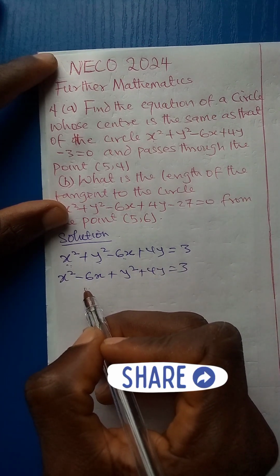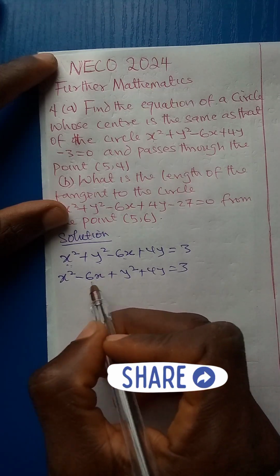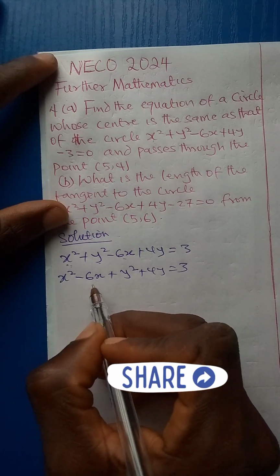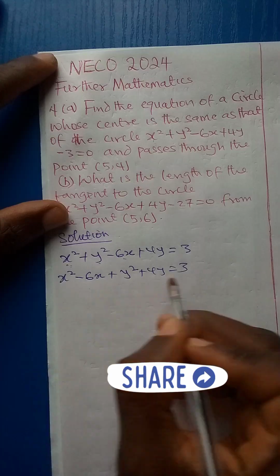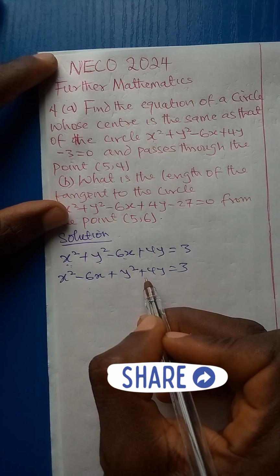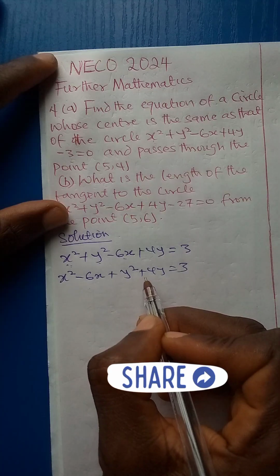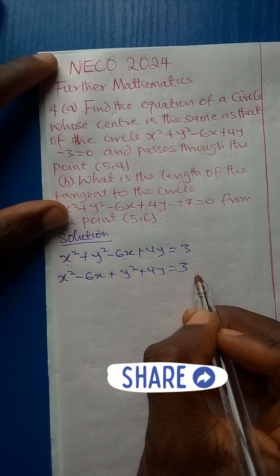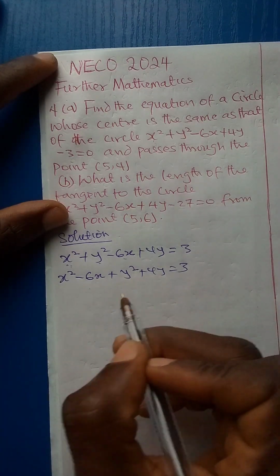Now, for me to do that, I need to add a number to this first part of the quadratic expression. And what I add here must be added here because it is an equation. I will do the same thing here. Whatever I add to this one to make it factorizable should also be added to this part because it's an equation.